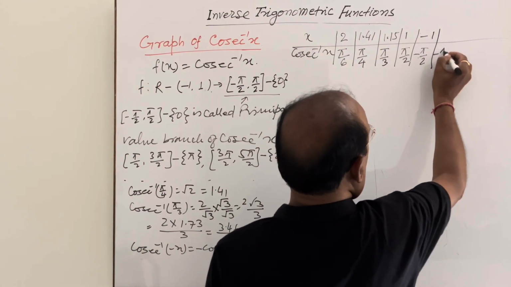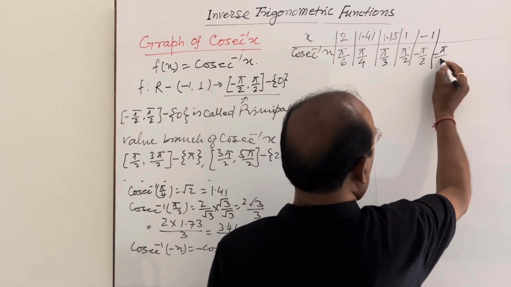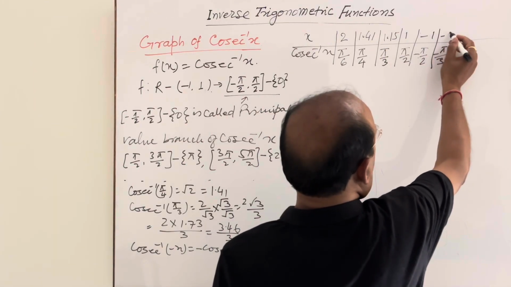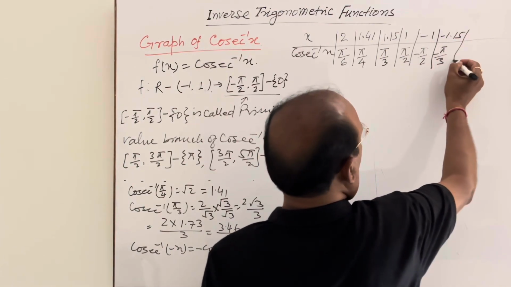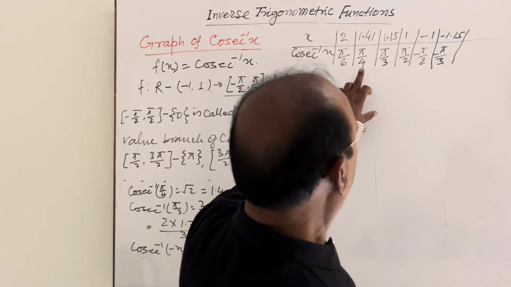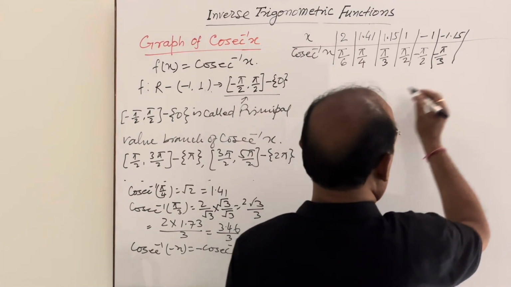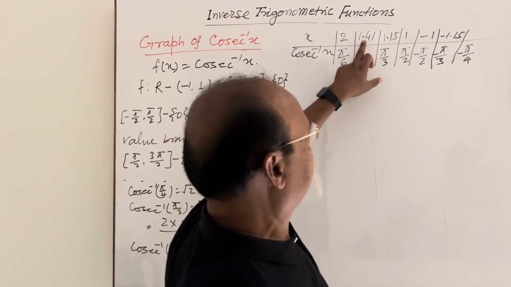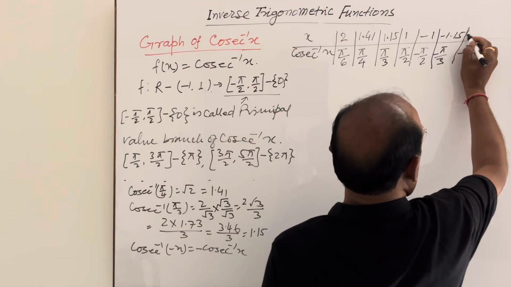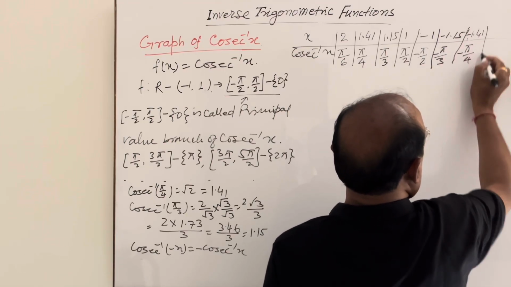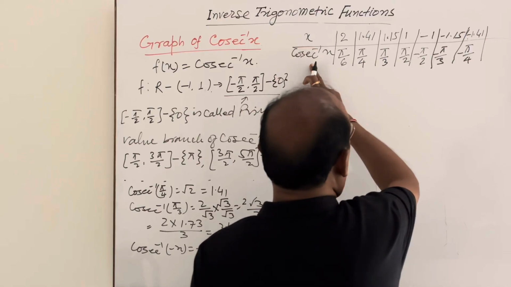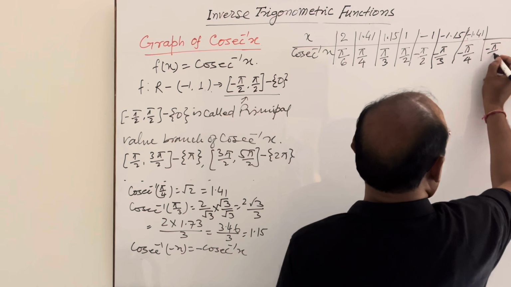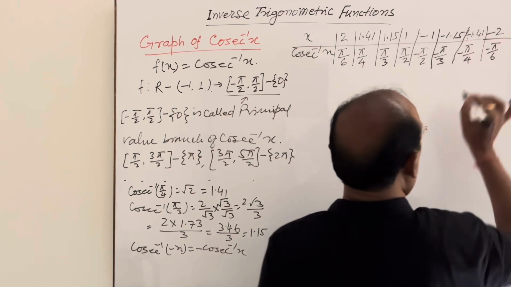If cosec inverse x is minus pi by 3, then this will be minus of this much, minus 1.15. If cosec inverse x is minus pi by 4, then this will be minus 1.41. And if we take minus pi by 6, then this will be minus 2.